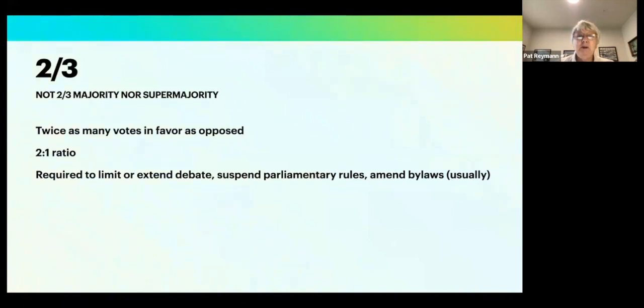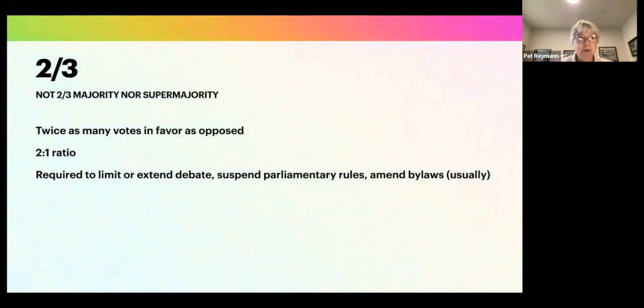Now, we don't use two-thirds votes very often, but if we're going to limit or extend limits of debate, or suspend a parliamentary rule so that we can do something else right at this minute, or usually when you amend bylaws, all of those motions would take a two-thirds vote.